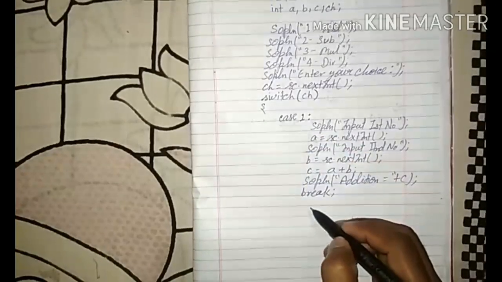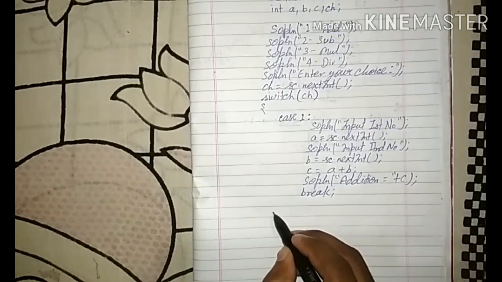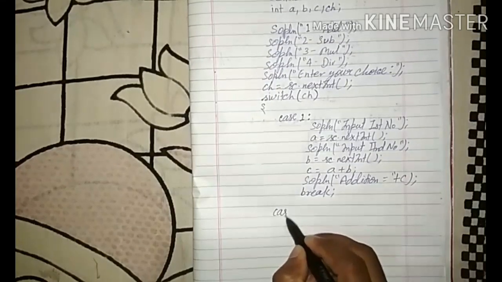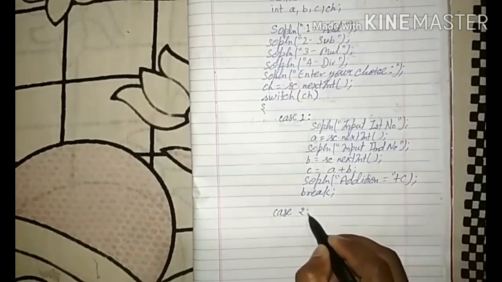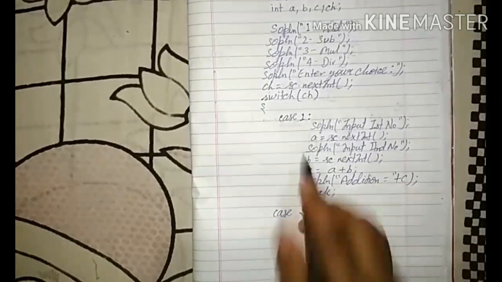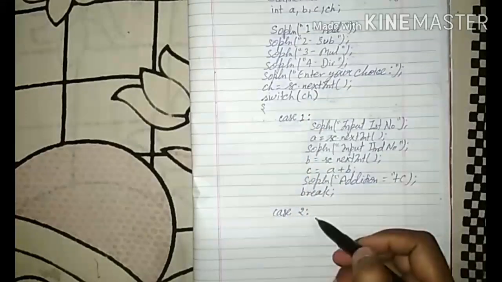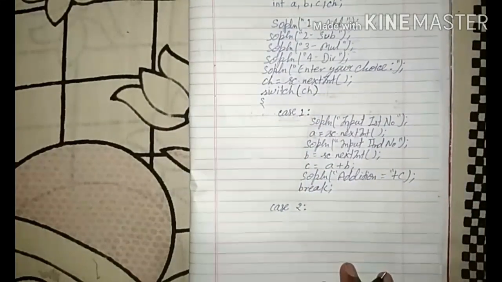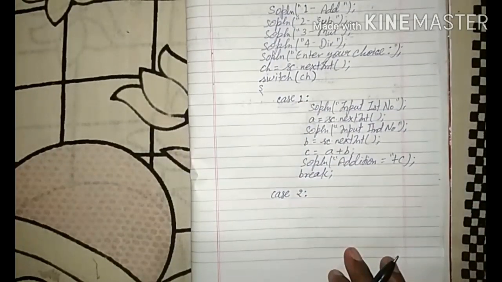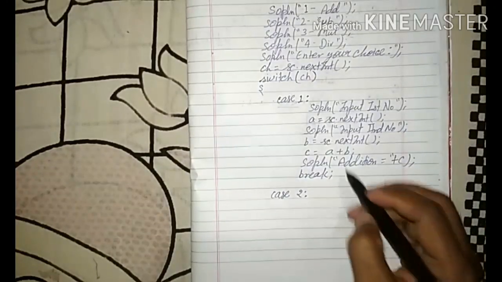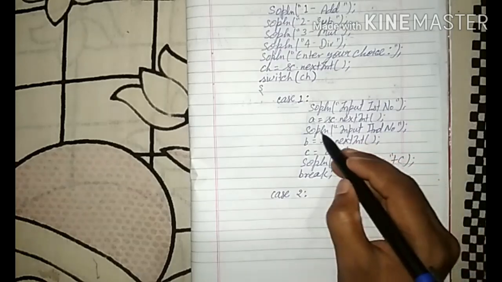After writing the first case, we need to write the second case, case 2. As you know, 2 is for subtraction, so we need to perform the subtraction operation. To perform subtraction, we again need two numbers.